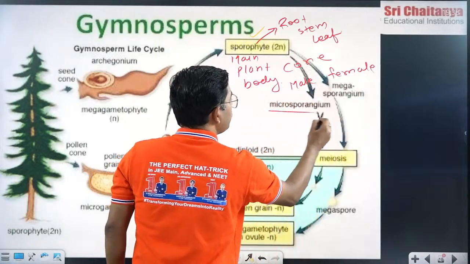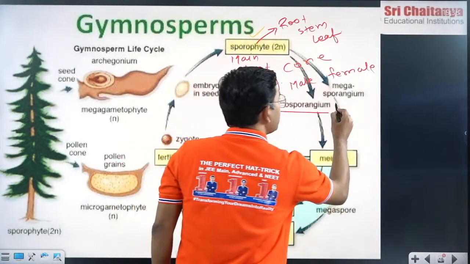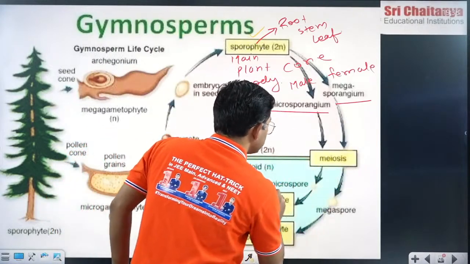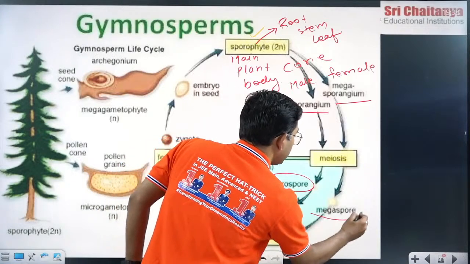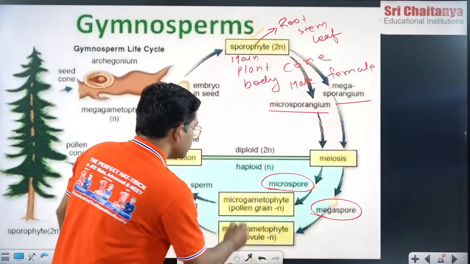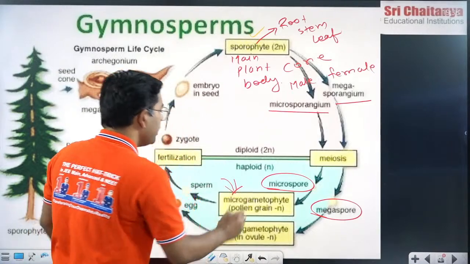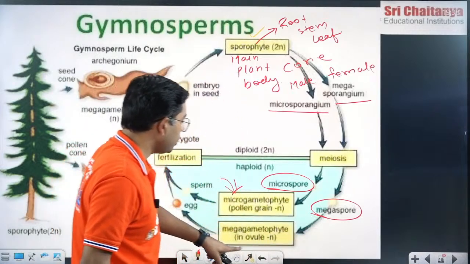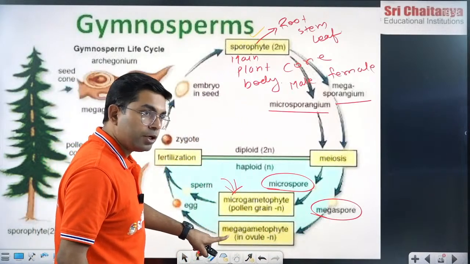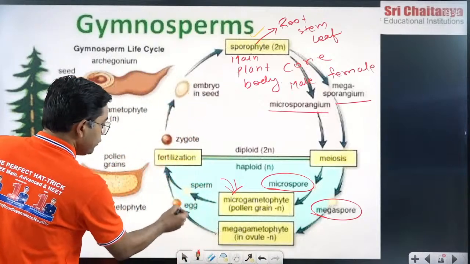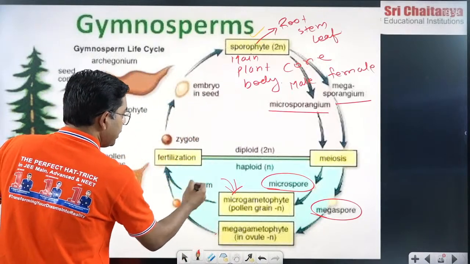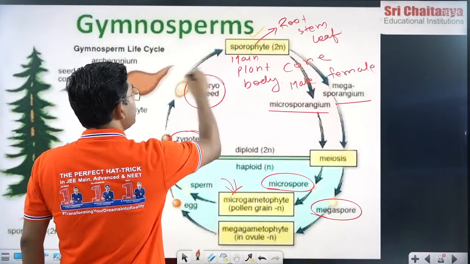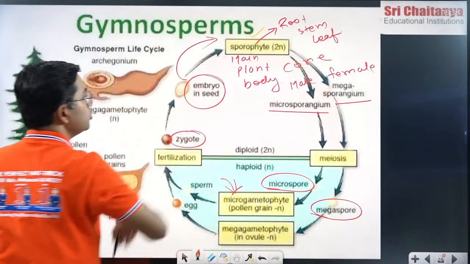Male cone will form microsporangia, female cone will form megasporangia. Both undergo meiosis to form microspore and megaspore. Microspore will form pollen grain, that is male gametophyte, and megaspore will form female gametophyte. Now, it will form egg, and the male gamete, that is sperm, both will fuse together to form zygote. Zygote develops into seed, and seed develops into sporophyte.